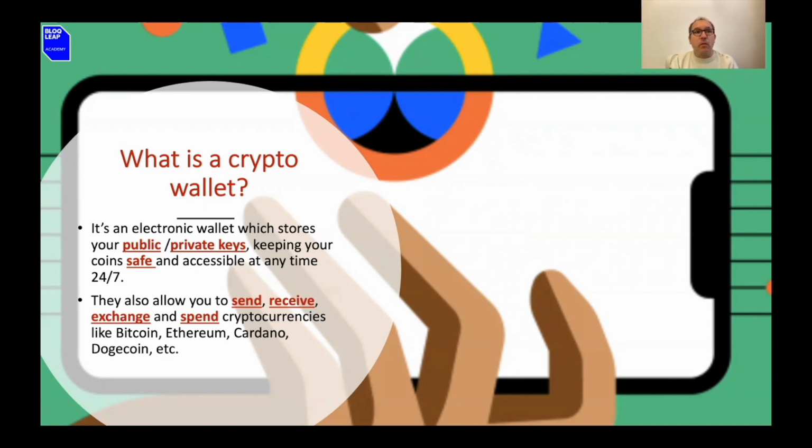And these crypto wallets can literally make you like a banker. You are not having a bank account, you are a banker. Why? Because you can send crypto, receive, exchange, and even spend all the crypto you've got. And sometimes you get rewards for all these spending, sending, and operations.